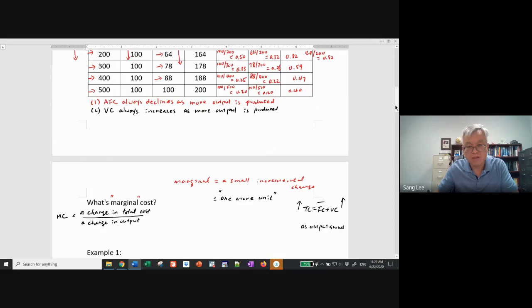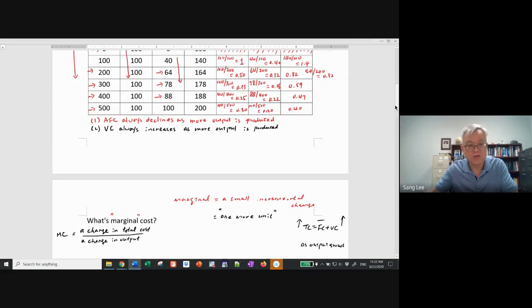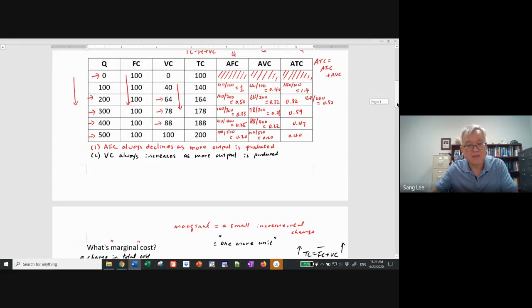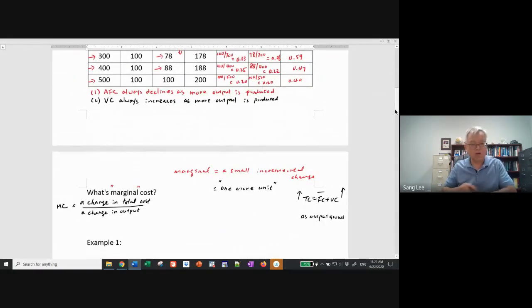Now we can confirm this here. Along the third column, as output grows, variable cost always increases. I mean, it's just common sense. How can you produce more output without having to incur more cost?